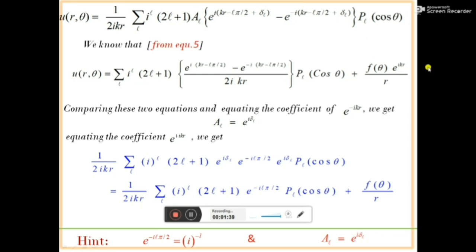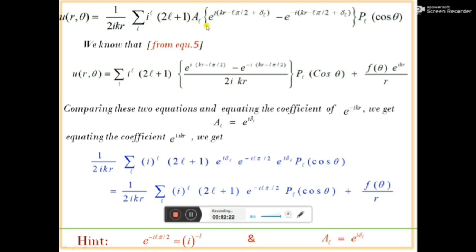Comparing these two equations and equating the coefficient of e power minus ikr on both sides, we will get A suffix L is equal to e power i delta_L. Similarly, equating the coefficient of e power plus ikr in the above two equations, we will get this equation. That is, the coefficient of e power plus ikr of the first equation is 1 by 2i kr summation over L i power L 2L plus 1 A_L.